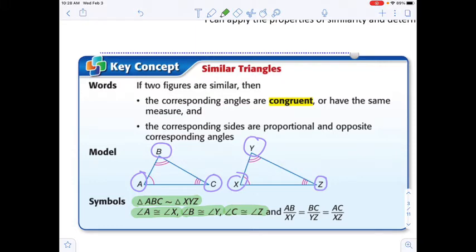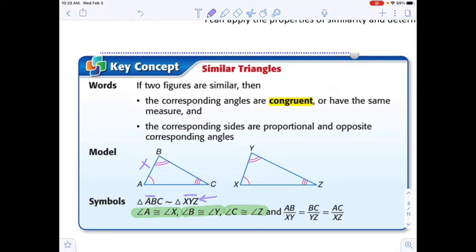So side AB here, we'll label that as X. If I look at my triangle ABC is similar to triangle XYZ, I know that AB are the first two side lengths, which correspond with XY, which are the first two listed. So they have to correspond, they have to match up there.